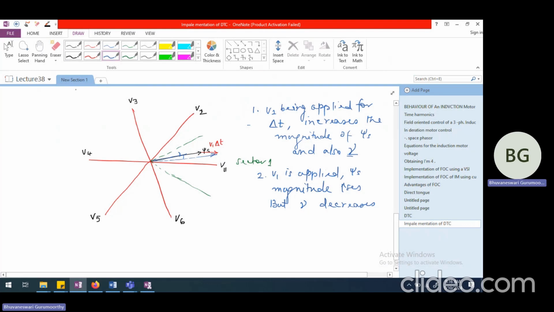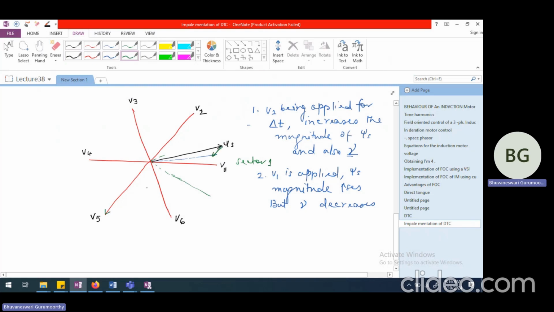On the other hand, let us say this is my original value of psi s, and I am applying, for example, V5 rather than V2. V5 is parallel to this, so I have to show V5 somewhat like this.